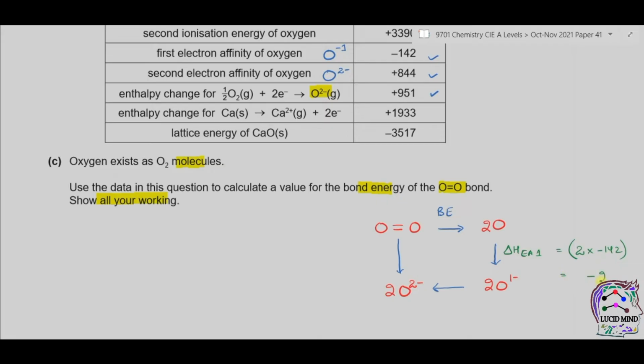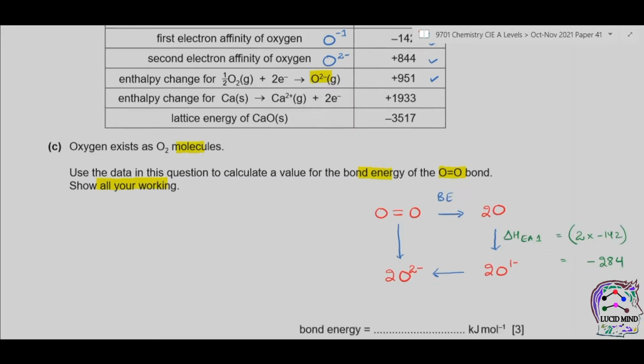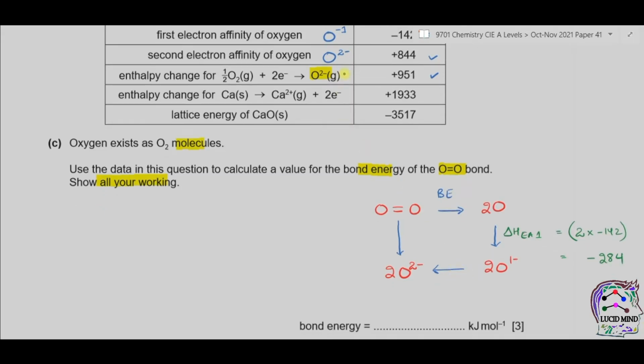So it will be -284. For second electron affinity, we have +844, that is for 1 mole. So for 2 moles, we multiply by 2. It is equal to 1688 kilojoules per mole.